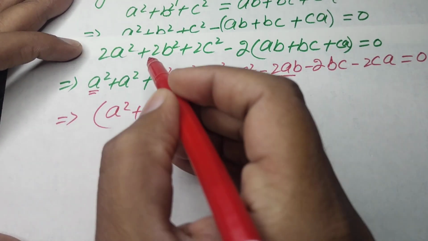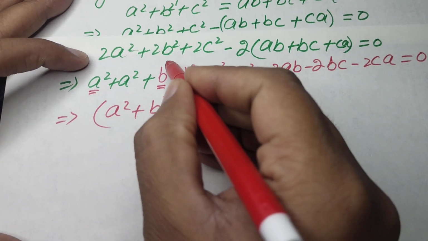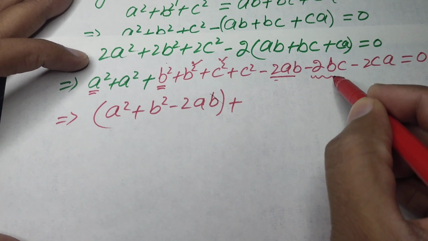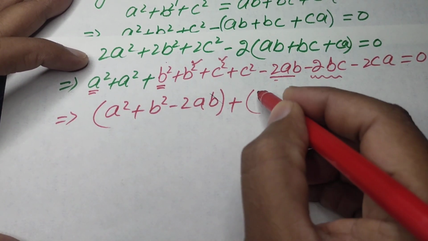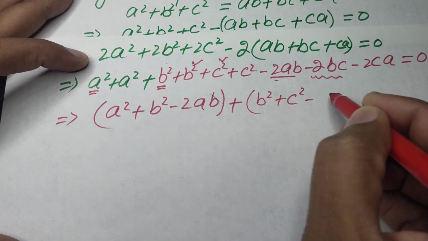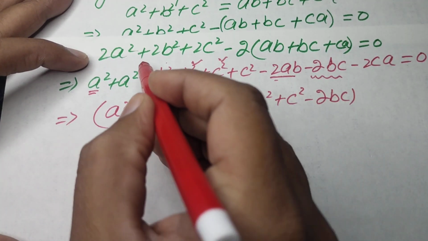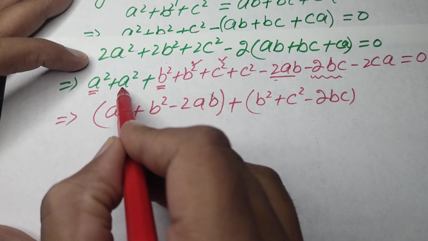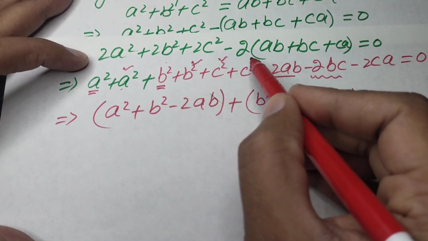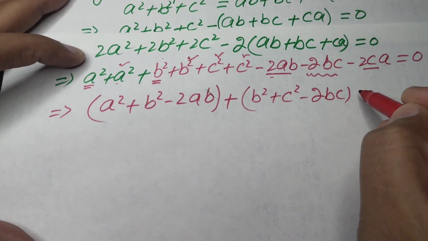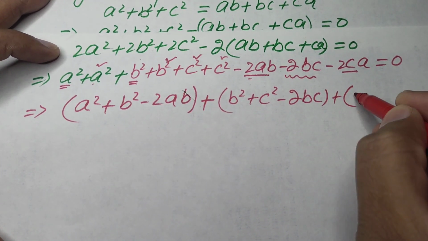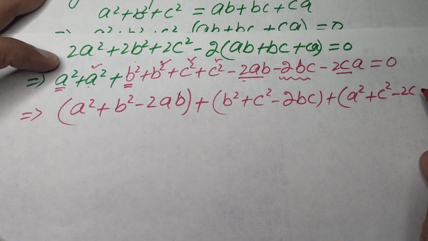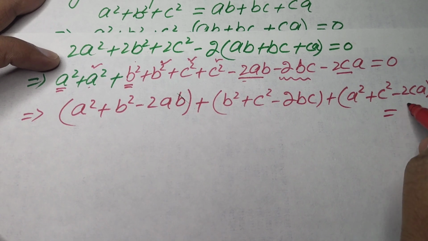After that I will arrange the terms b square and c square with minus 2bc, and I will write b square plus c square minus 2bc. The remaining terms are a square and c square combined with minus 2ac, and I will write it as a square plus c square minus 2ca is equal to 0.